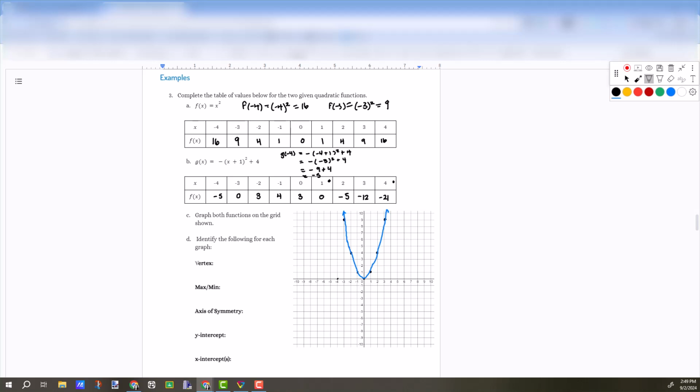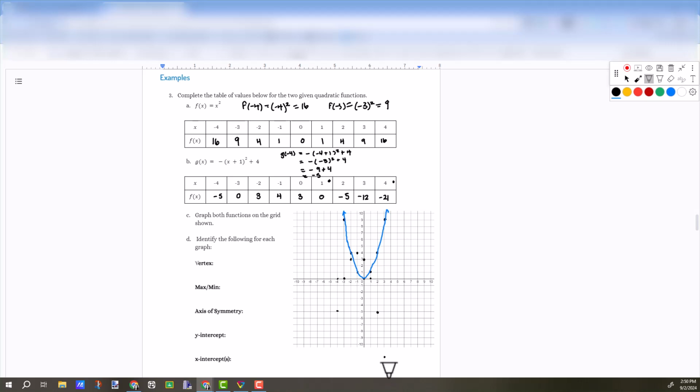Well, this one goes -4, -5. There's that point. -3 and 0. Oh, there we go. -2 and 3. That one's right there. -1 and 4. And oh, now we're turning around, going back down the other way. If you want to pause the video and try to do more of this yourself, definitely go ahead and do that and then come back and see how you did.